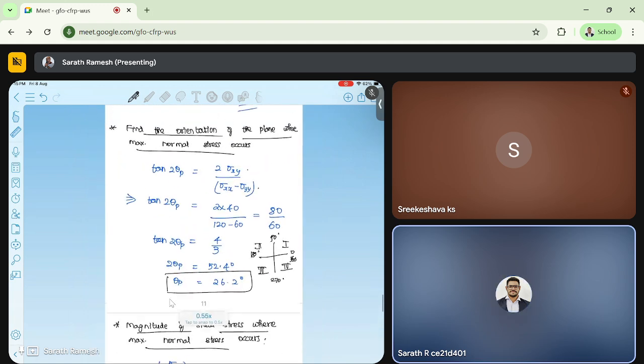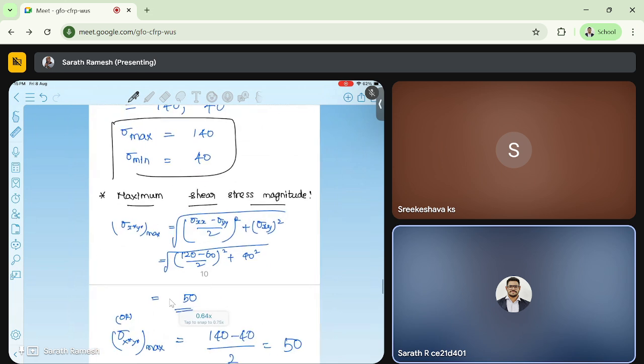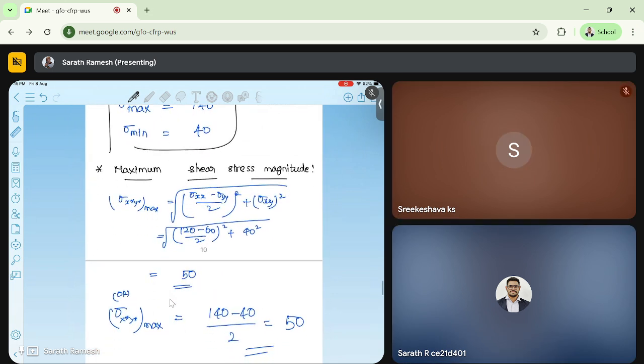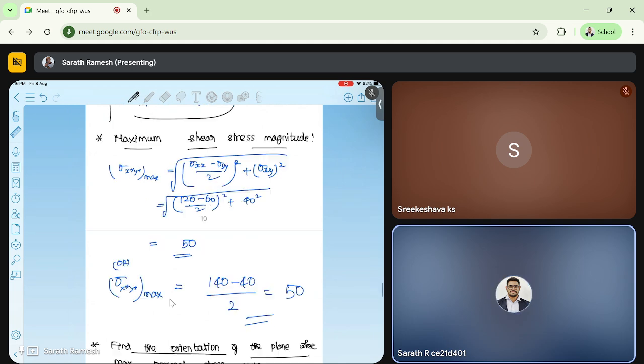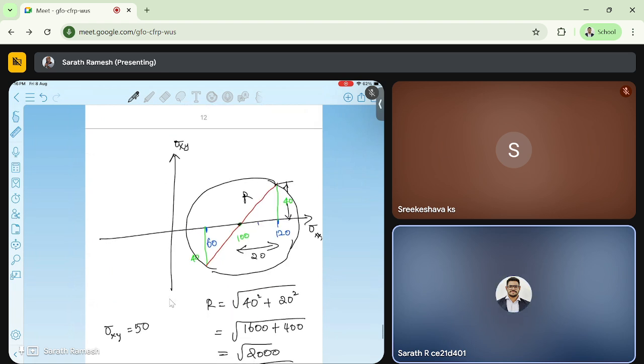Sir, are you seeing any mistake? I'm checking, sir. Sigma xx minus sigma yy by 2, the whole square, plus sigma xy squared. 120 minus 60 is 60, by 2 is 30, plus 40. Oh, sorry. So the center is the problem.